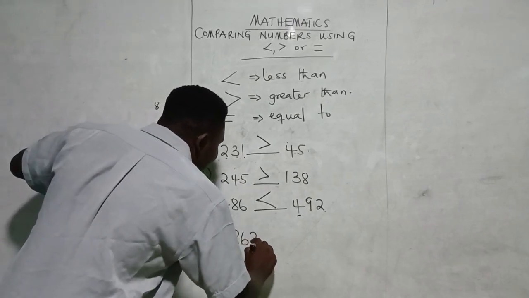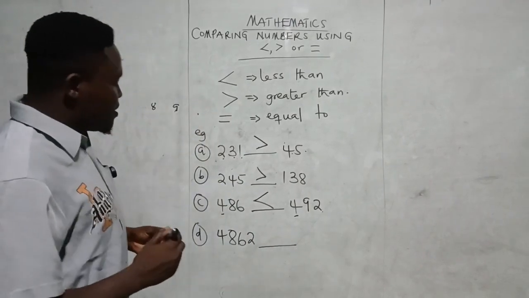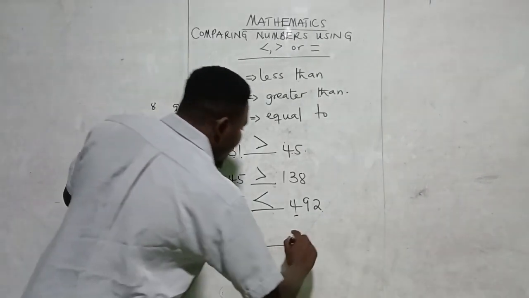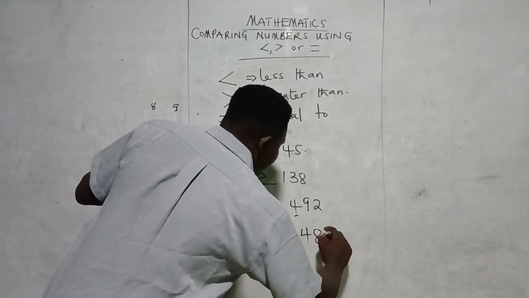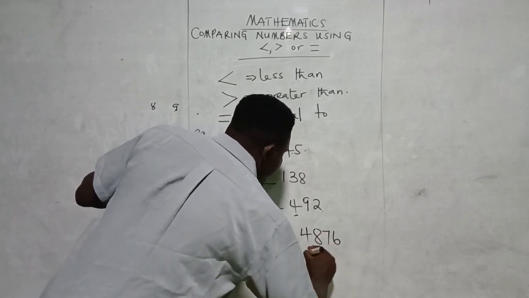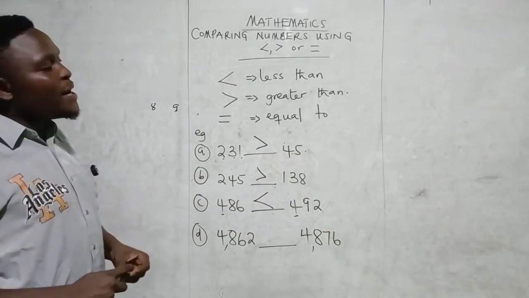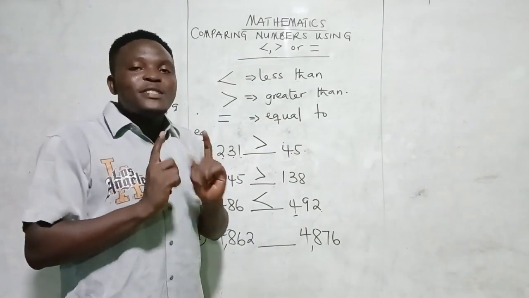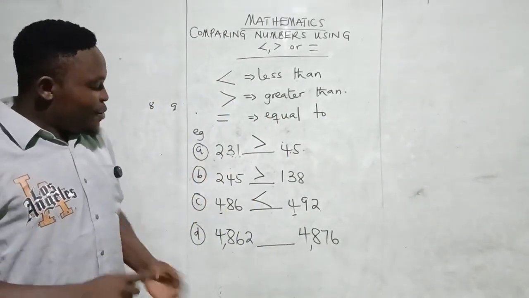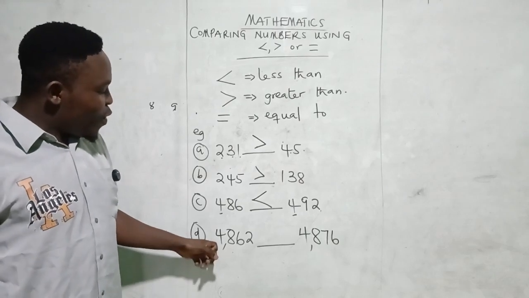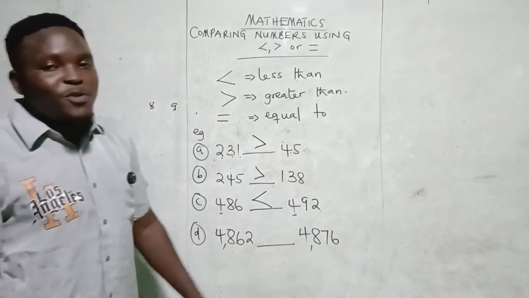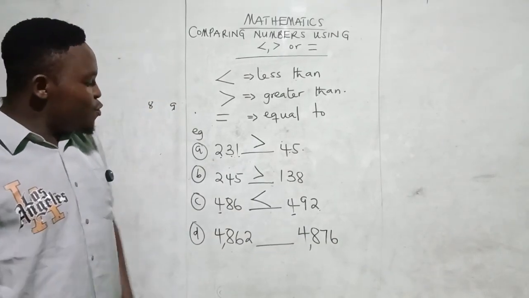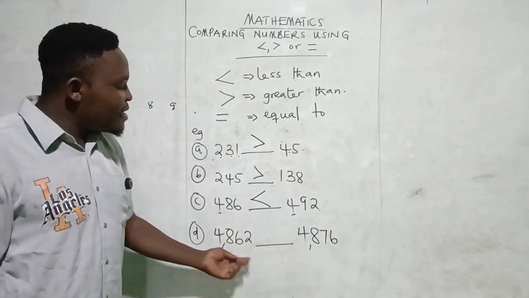So let's take an example of 4,862 and 4,876. So please, always you have to go step by step. We have to count our number of digits. 1, 2, 3, 4. 1, 2, 3, 4. We come to our second rule, because our number of digits are 4, 4.